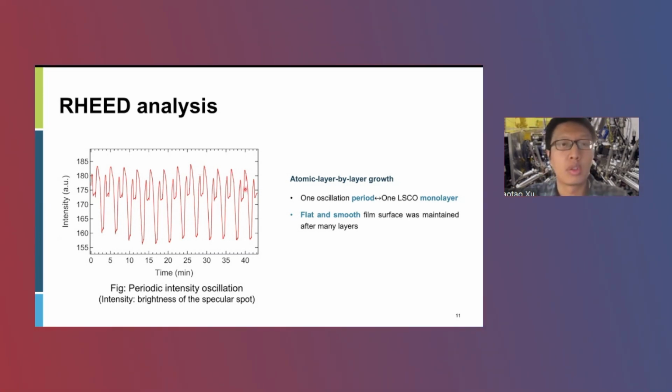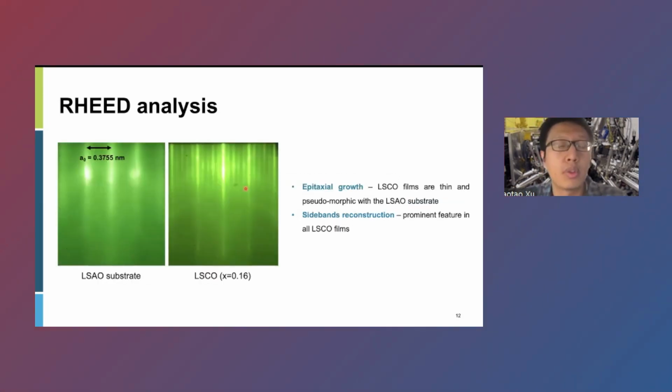Okay, so next we compare the RHEED pattern of the LSCO film with the substrate. First, the distance between the Bragg stacks corresponds to the lattice constant. Here we can see that the lattice constant of the film is the same as that of the substrate, which means we are realizing this epitaxial growth following the guidance of the substrate.